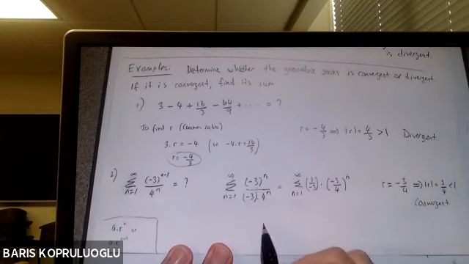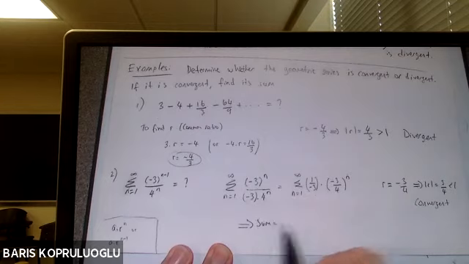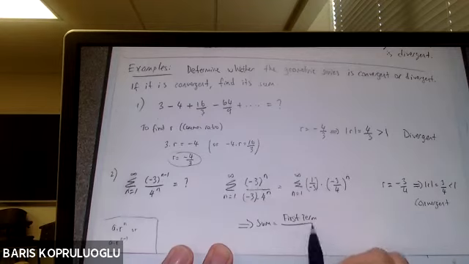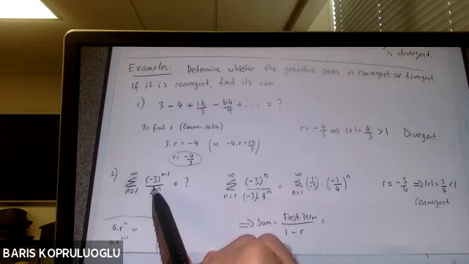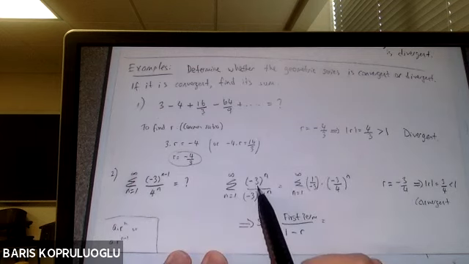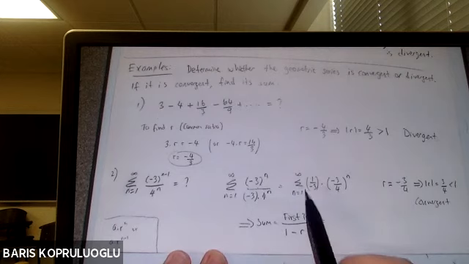Now let's find the sum. It's going to be the first term of the series over 1 minus r. What is the first term of the series? So you have a couple of options here. You can plug in the original series, or you can plug in this form or in that form, doesn't matter.